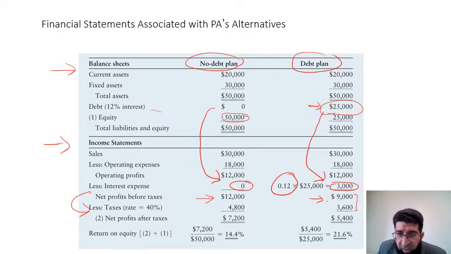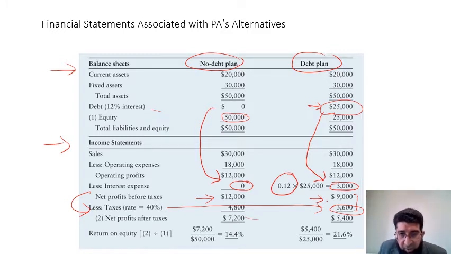On 9,000 we will have a lower tax. 40% of 9,000 comes out to be 3,600, while here it is 4,800. So we are paying higher tax if we put our own money, and we'll pay low tax if we borrow the money. This tax advantage gives the debt plan a benefit compared to the no debt plan.